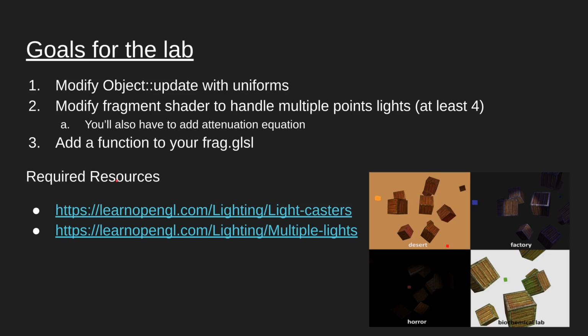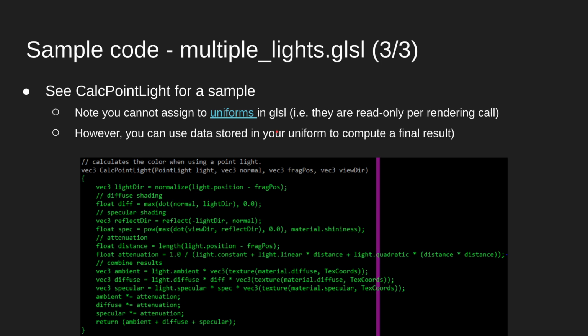Okay, so your goal for the lab is going to be to modify object update with uniforms. You need at least 4 point lights. You can add more if you like, to create some atmosphere. You're also going to have to add the attenuation equation. So where was the attenuation equation?